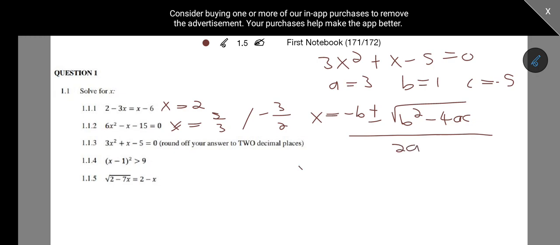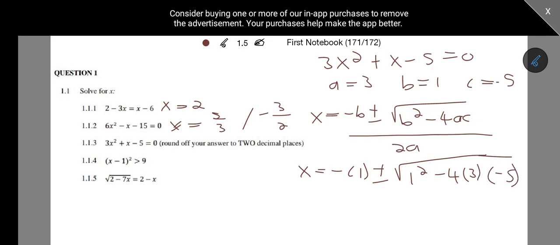Right, so our x is equal to negative b, that's negative 1, plus or minus the square root of 1 squared minus 4 times a, which is 3, and our value of c is negative 5. And we're going to divide everything by 2 times 3. That is the value of a.